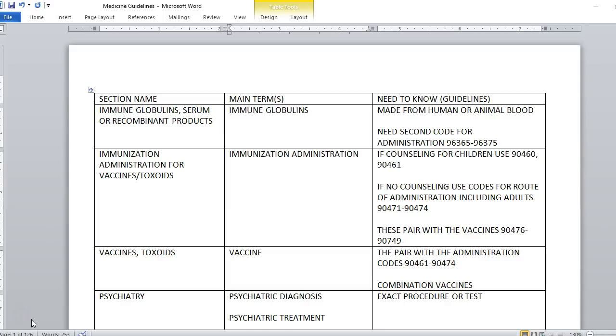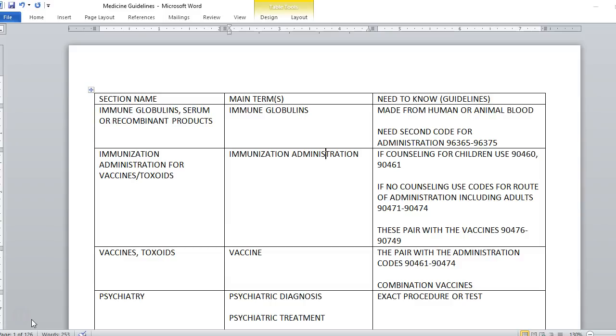Now, for both sets, the immunoglobulins and the vaccines, we need 2 codes. When we do injections, when we do infusions, when we give a shot of something, we always have to have 2 codes. One is for the administration, so that is the provider or the nurse or the medical assistant preparing that product to go into the needle or getting the IV bag set up.